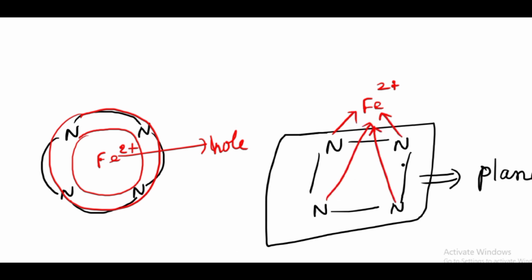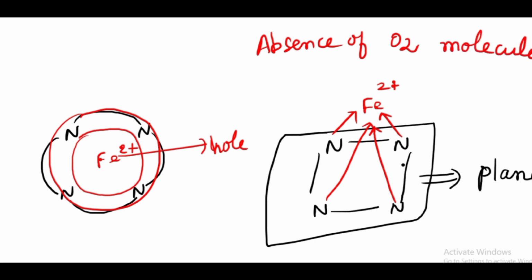So this case can be discussed for the absence of the oxygen molecule. Before the entering of the oxygen molecule, the big size of Fe2+ cannot fit in the exact hole of the 4 nitrogen atoms present in the heme group.